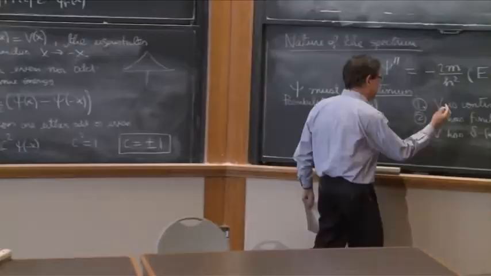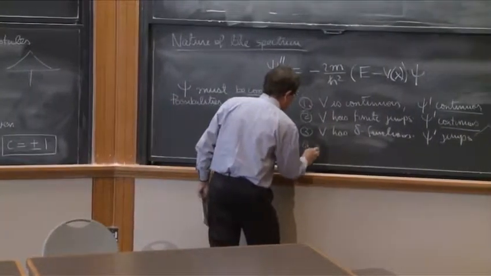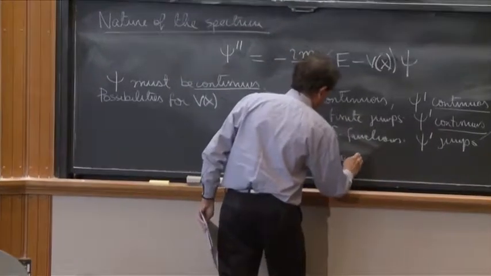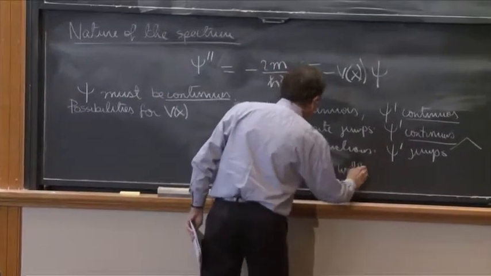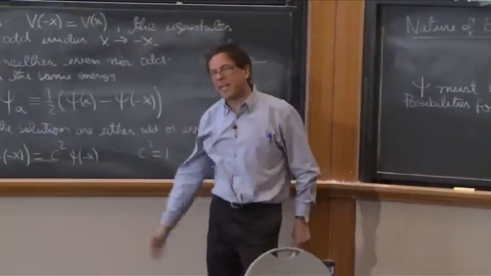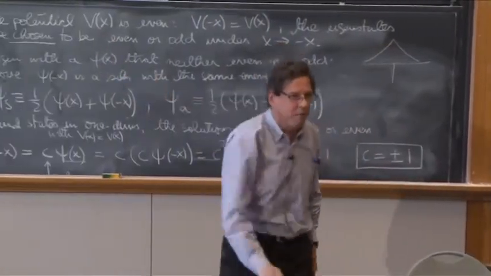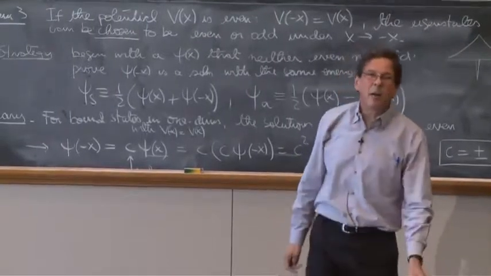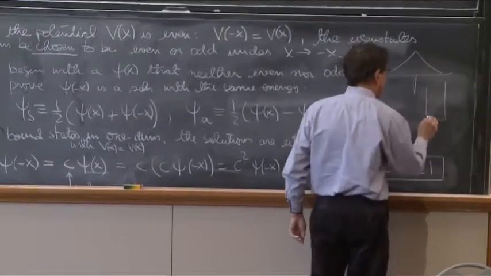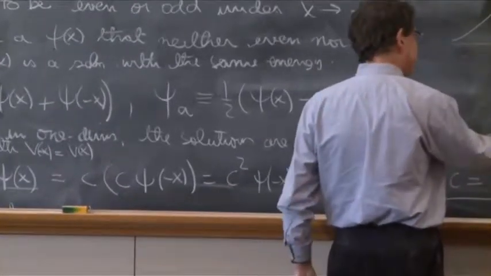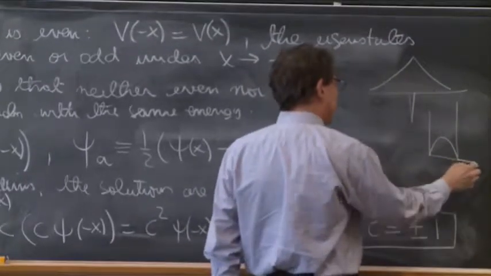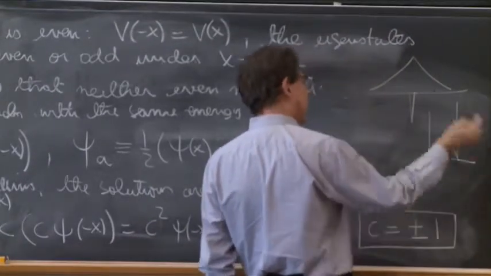Another case in which psi prime jumps is when V has a hard wall. That is, the potential suddenly at one point becomes infinite, and it prevents the particle from moving across. A hard wall is a place, as you remember in the infinite square well, in which the wave function vanishes, but the derivative doesn't vanish. So you could say that psi is 0 outside.